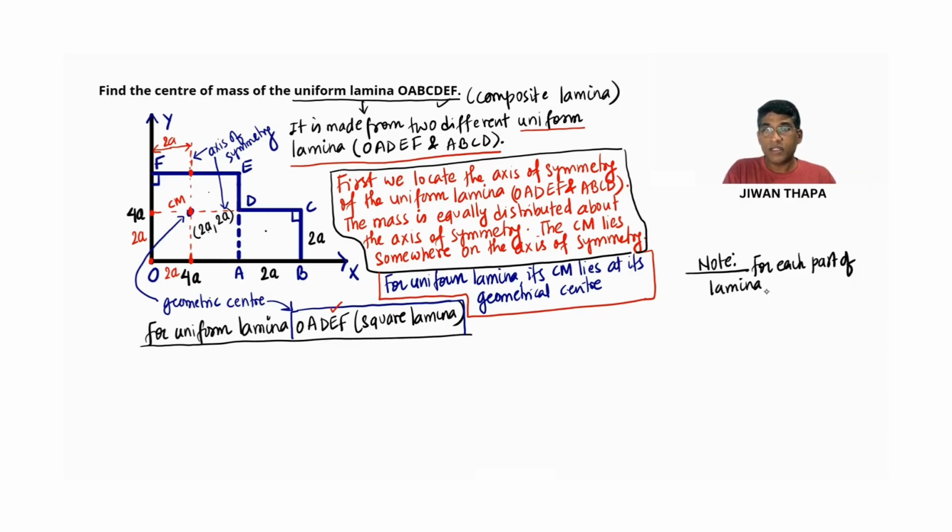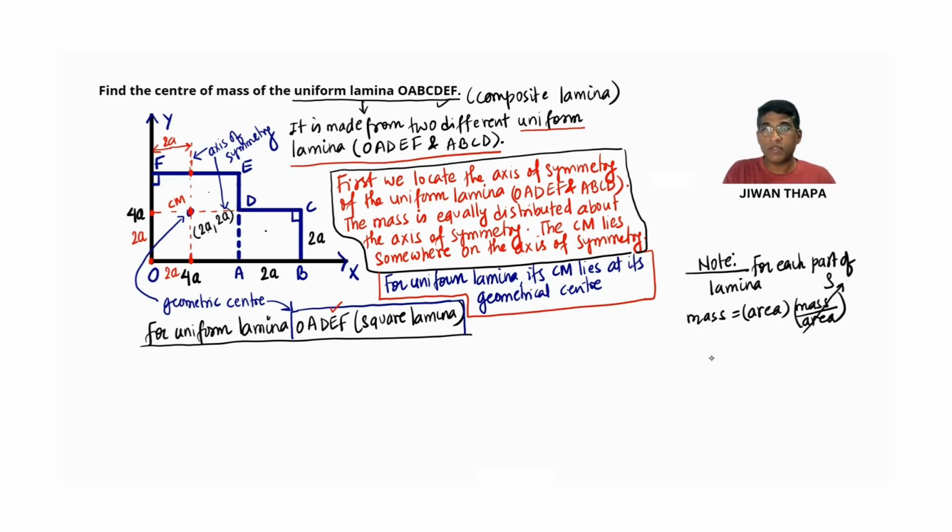For each part of the lamina, we use this concept: mass of lamina equals area times mass per unit area, and let us denote this quantity by the symbol rho.